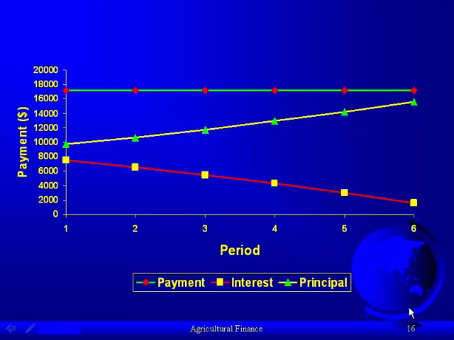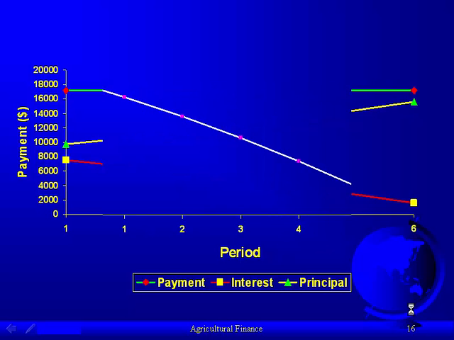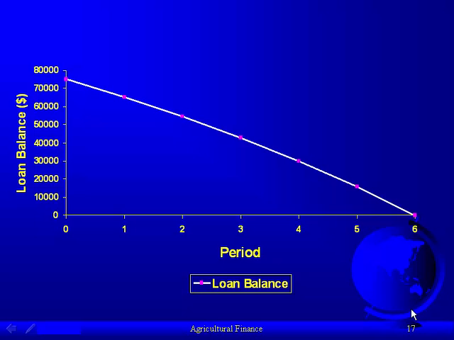And that principal is paid off slowly at the beginning and then more rapidly towards the end. And if you look at the loan balance, you can see that the loan balance is also declining until it goes to 0 at the maturity of that loan. And also it's curved so that the loan balance goes down faster as you pay off the loan.